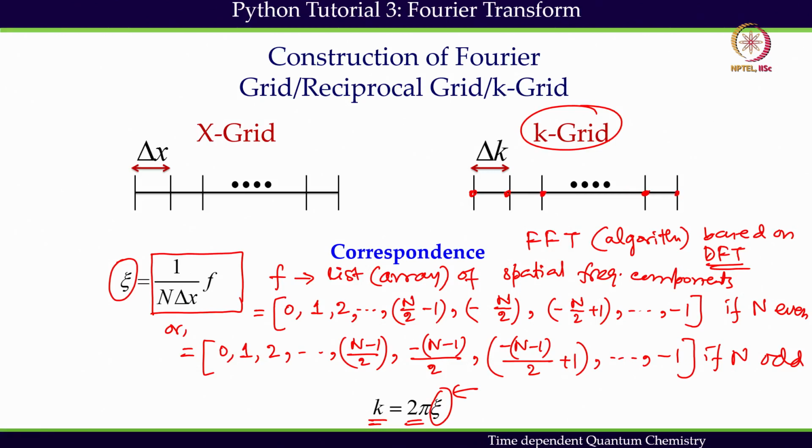So, we see that the FFT algorithm, or DFT, this discrete Fourier transform, will actually create the frequency components, which first is 0, then 1, 2 and so on.